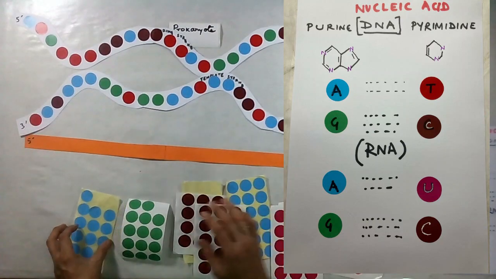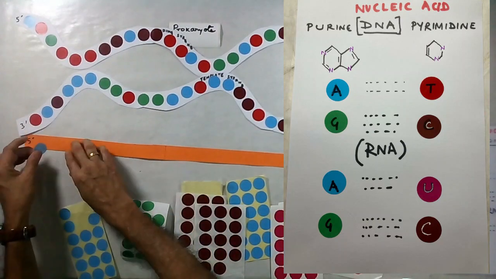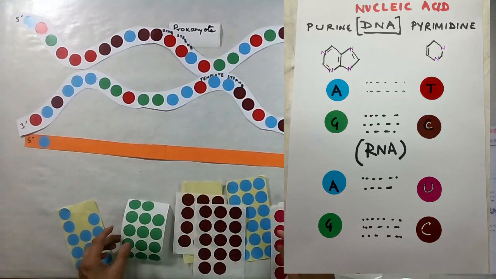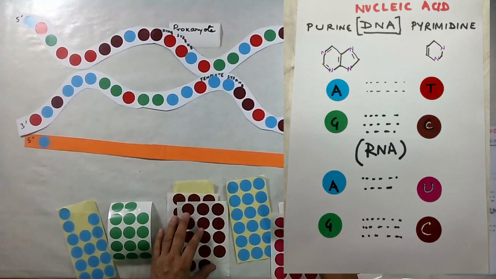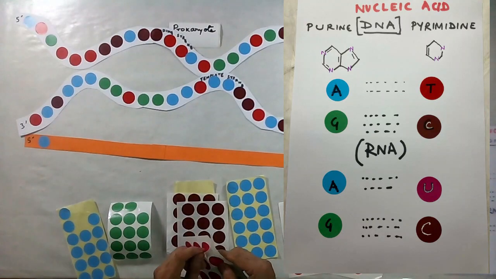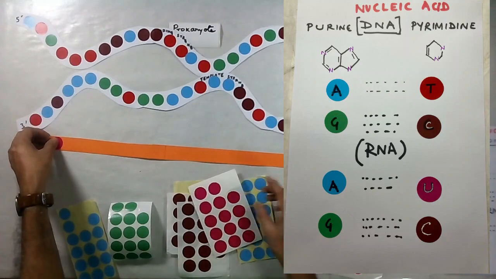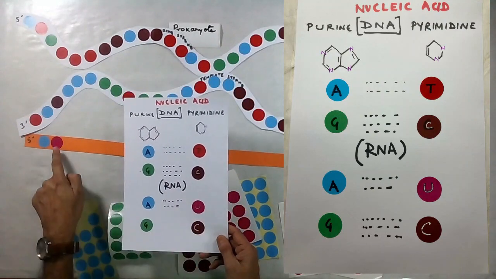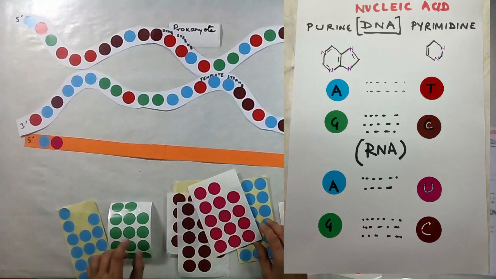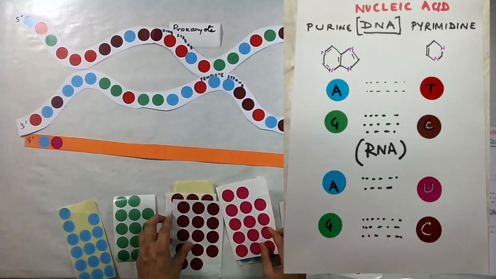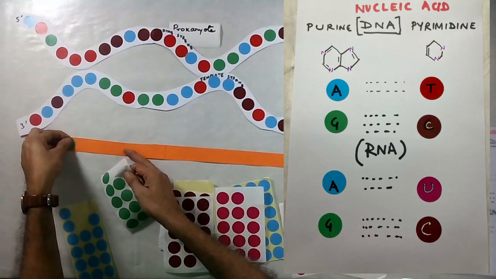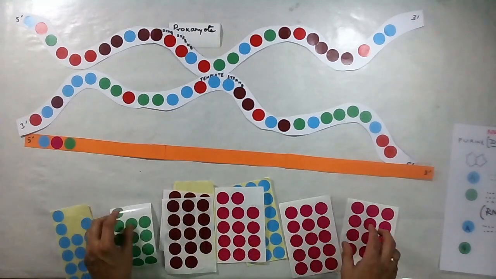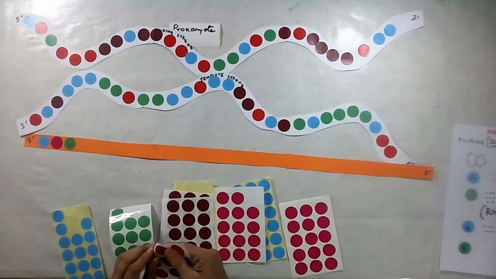So out of T, this will be A. Out of A will not be T, instead it will be U. As we use the symbol of U as pink, here I am putting pink. And out of C will be G, say AUG, which is the starting codon. Then AAA, opposite will be UUU.